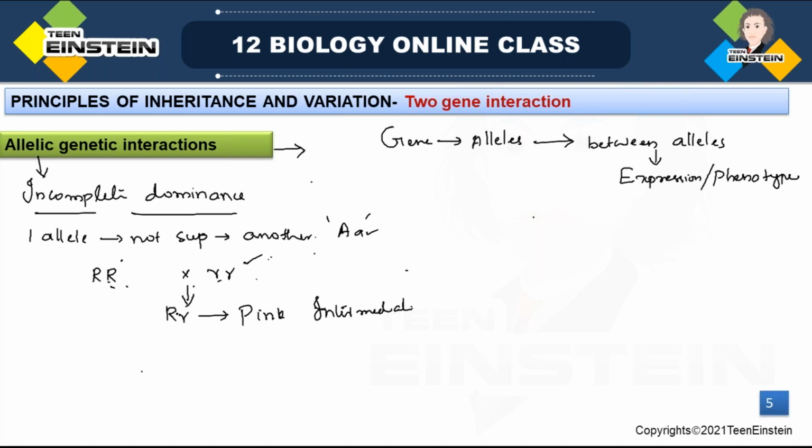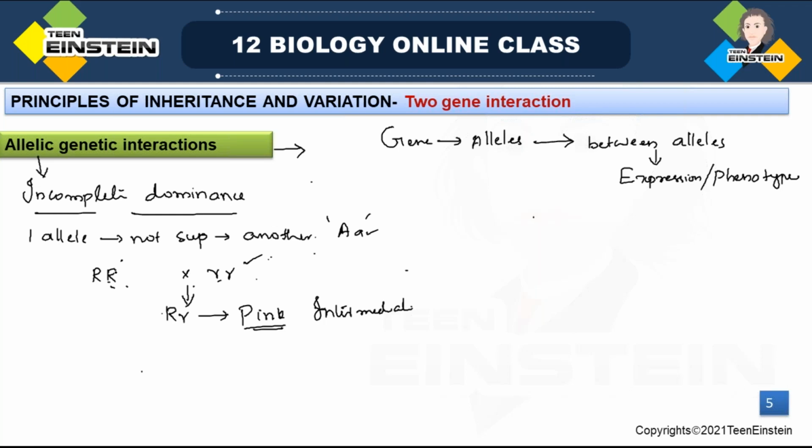and that expression is not exactly the parental character. It forms an intermediate expression of both the parents. Here it is forming pink color flower. It's not white color and it's not red color. If you are mixing white color and red color paint, we'll get pink color paint, right?